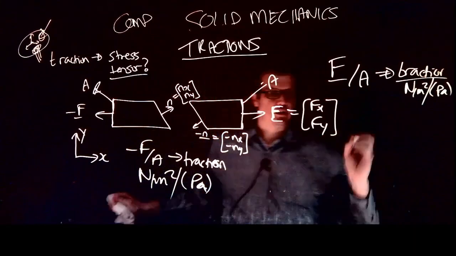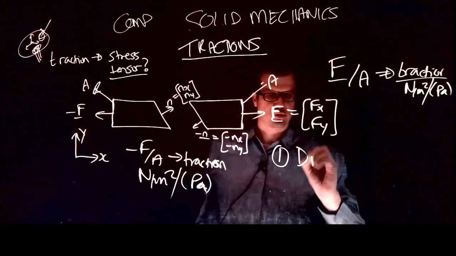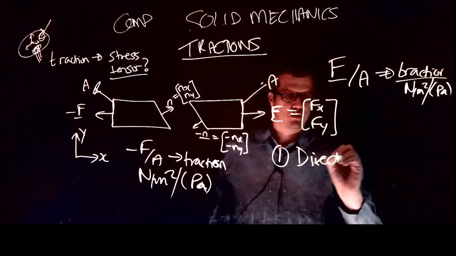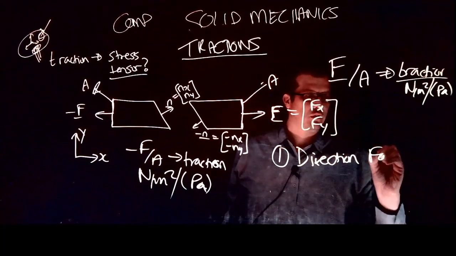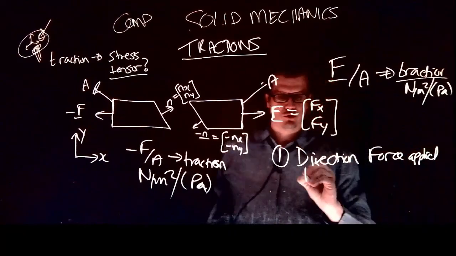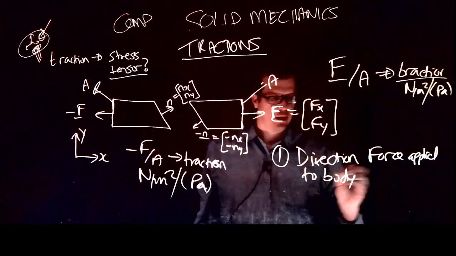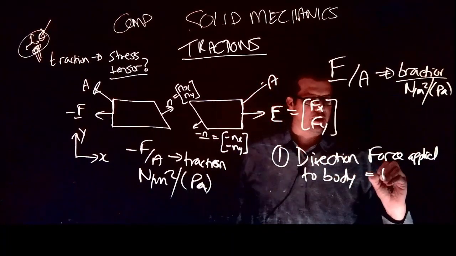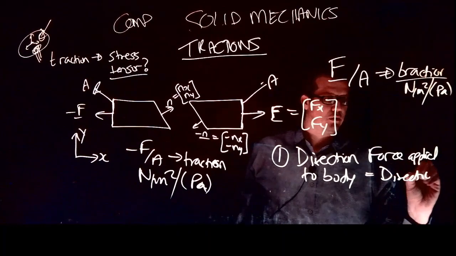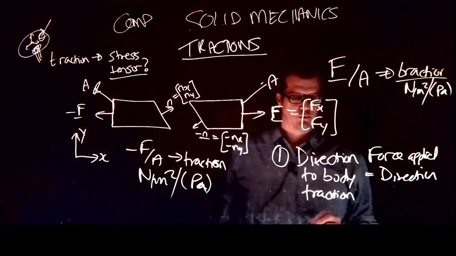Two things that I want to note here. The first thing is that the direction of a force applied to a body is equal to the direction of the traction. That is important to understand.